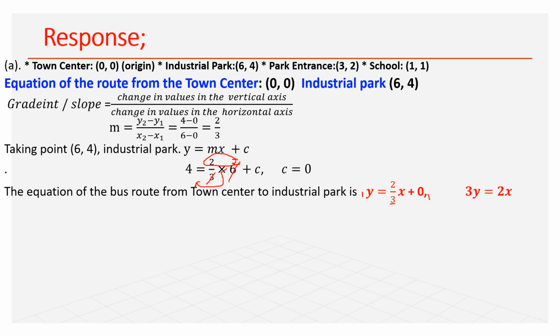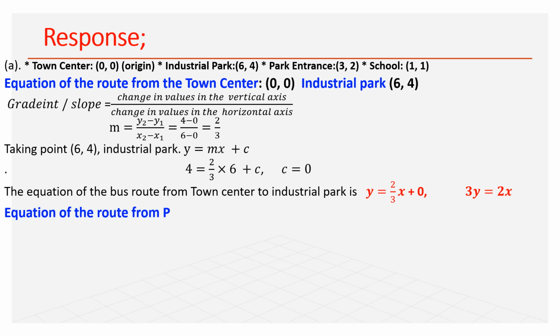So here I remain with the c. C will be equal to 4 minus 4, and that is 0. So that is done. So we get to realize that the equation of the straight line from the town to the industrial park is 3y = 2x, or y = 2/3 x + 0.